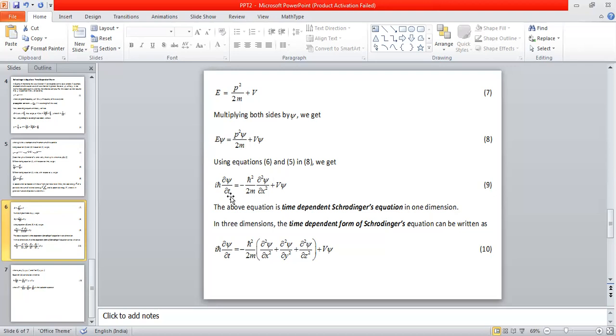I have not written this explicitly; I will write it in my next session, the third or the fourth session or so. But anyhow, the operator form of the total energy is iħ ∂/∂t. Similarly, we have another operator, p squared, which is nothing but the square of the linear momentum.